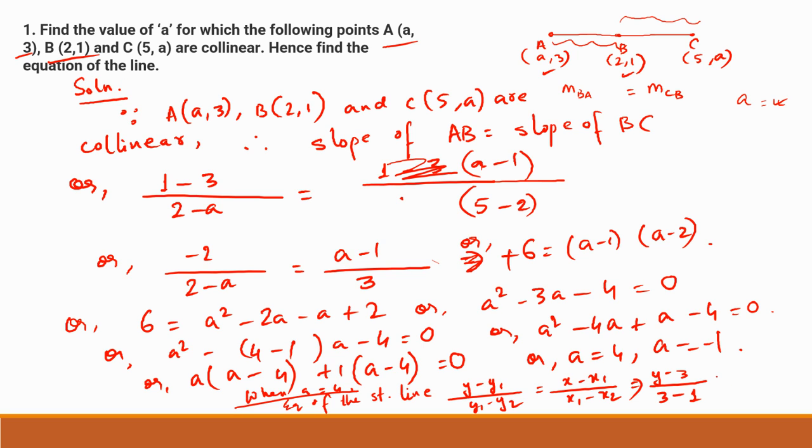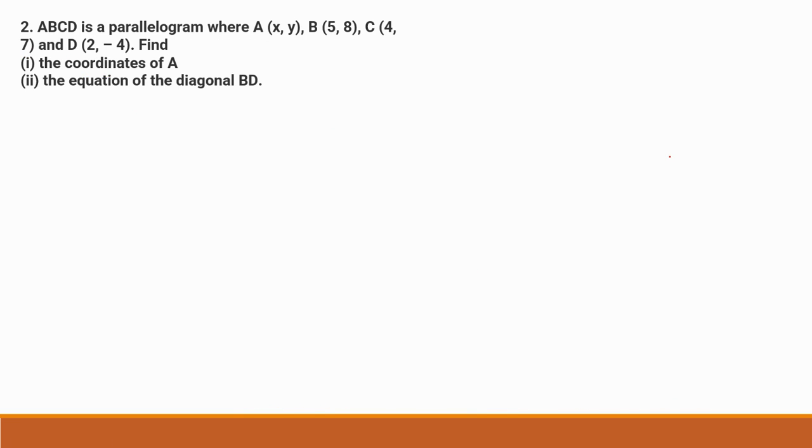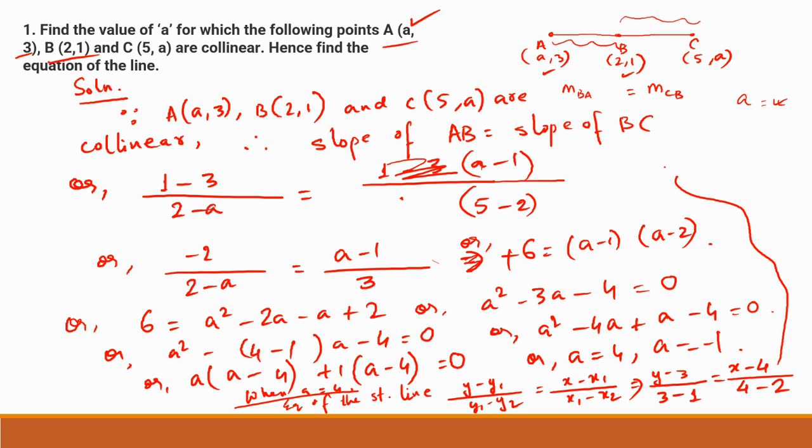So here y1 is 1 and equals x minus x1. x1 is this one, A is 4, and 4 minus 2. So once you solve this equation, you will get x minus y minus 1 equals 0.